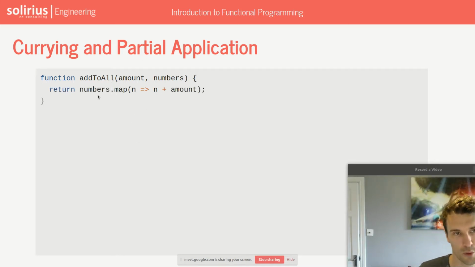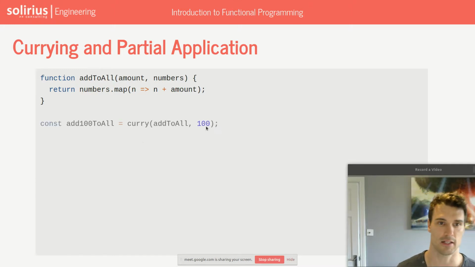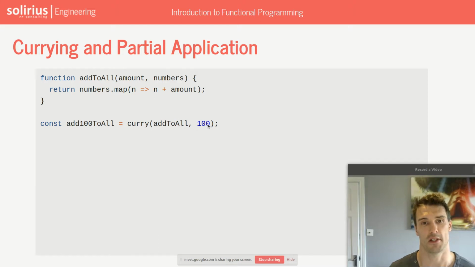In this example, we've got a function where we can add a number to every number in an array. So we've got that list of numbers we had earlier, and let's say we want to add 100. We've got a curry function here, and we pass it our function, and we say we want you to partially apply 100 so that that parameter is already bound to this function.